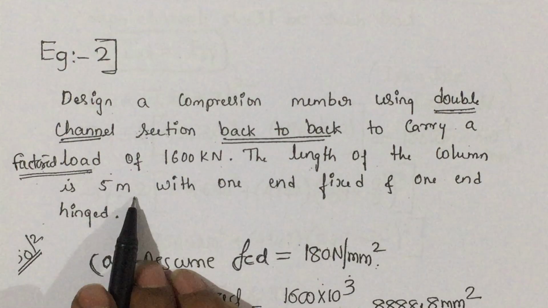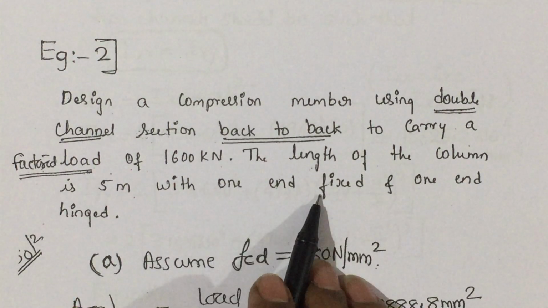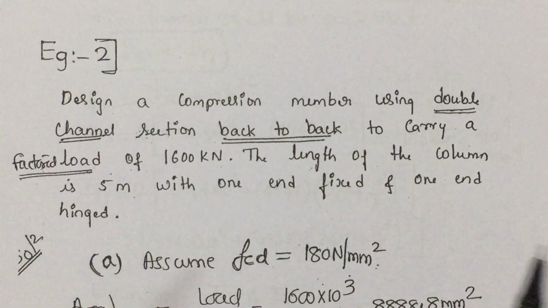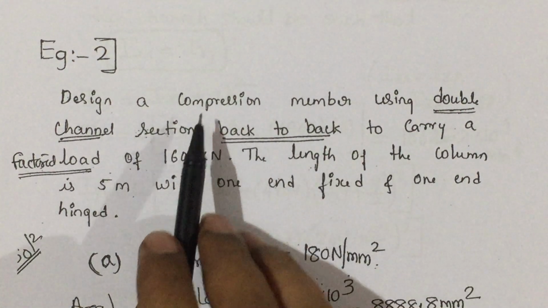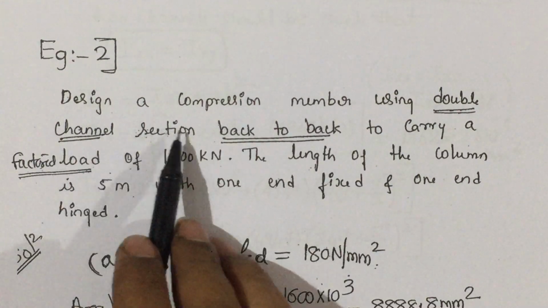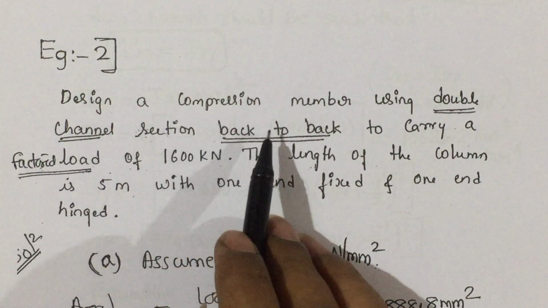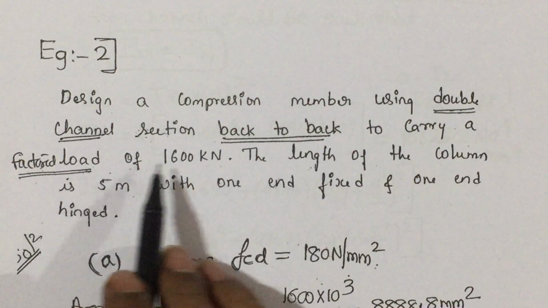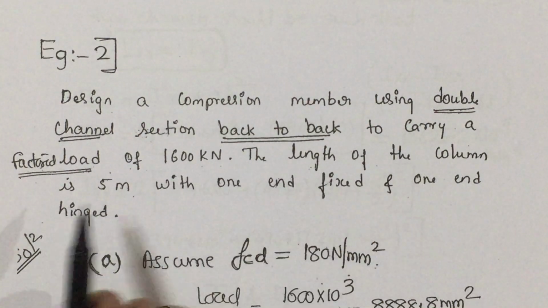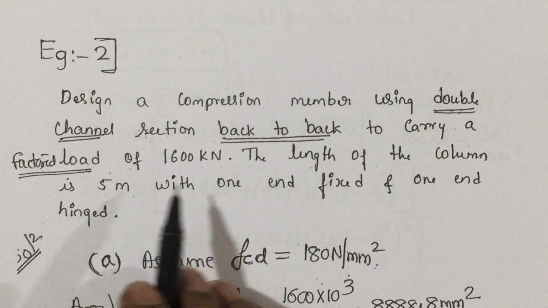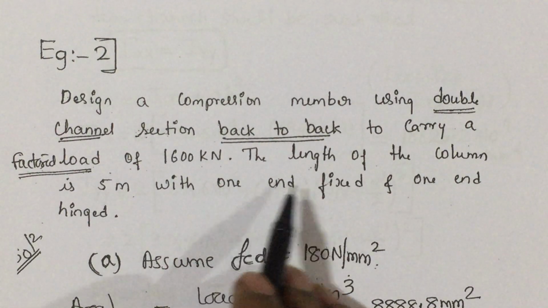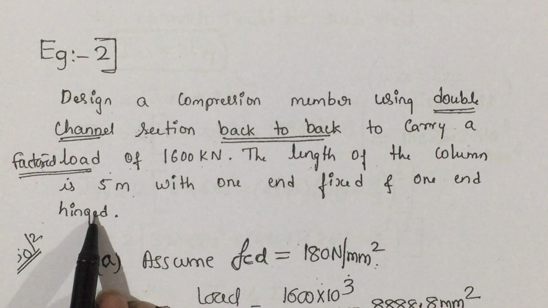The length of the column is 5 meter, with one end fixed and another end hinged. Previously, we made use of a beam section. Here the factored load is given, length of the column is 5 meter and the end condition is given, one end is fixed, another end is hinged.